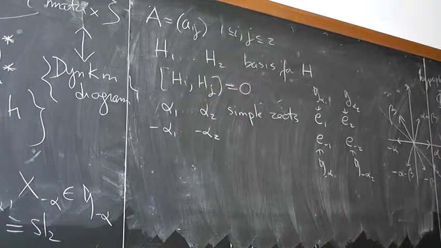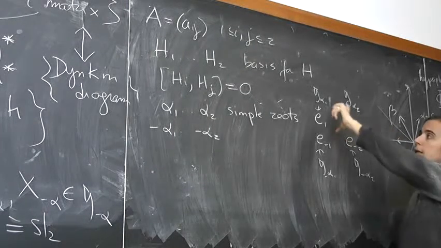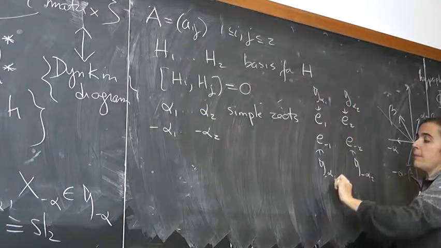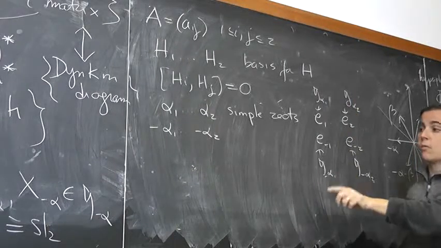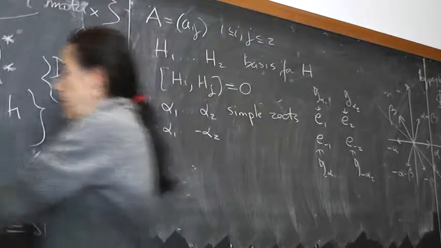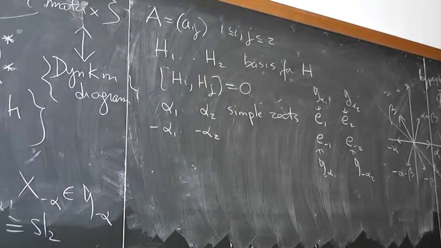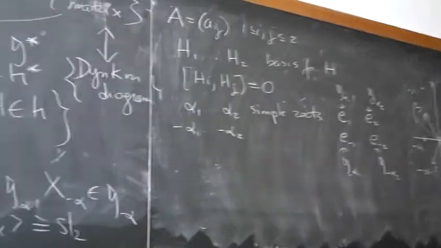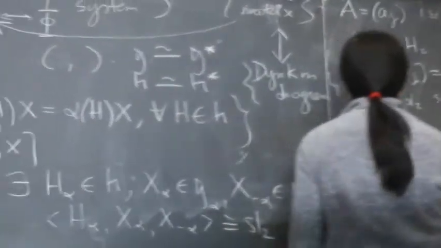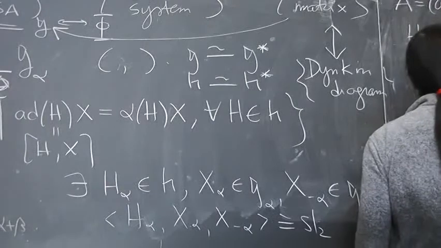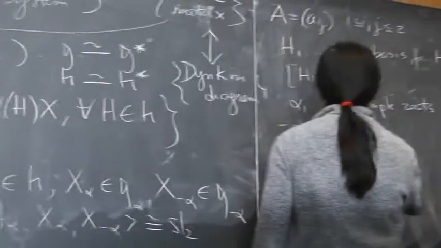Okay, so these are root spaces, and we know that there is a pairing between alpha 1 and minus alpha 1. I can make a choice in such a way that the bracket of Ei and E minus i is equal to Hi.